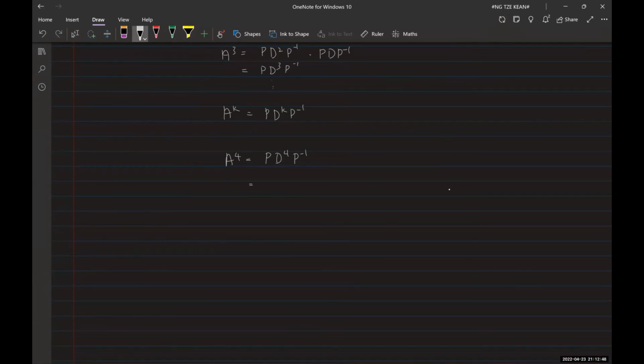And what you have is P is 3 over 4, 1, 1, 1. Okay, D to the power of 4, because D is a diagonal matrix, you just need to raise its diagonal entries to the power 4. So it is 5 power 4 and minus 2 power 4. And this is your P inverse.